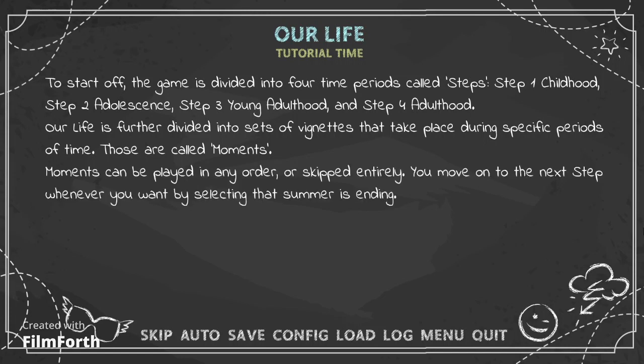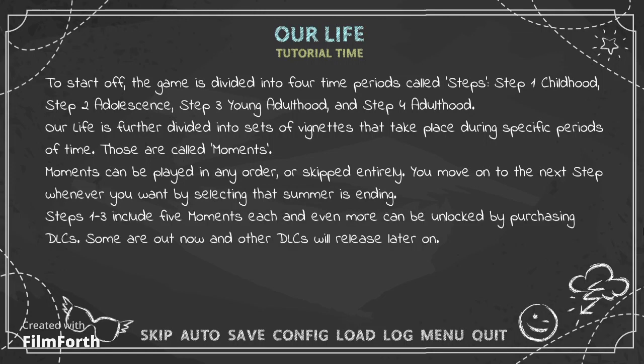Moments can be played in any order or skipped entirely. You move on to the next step whenever you want by selecting the summer is ending. Step 1 to 3 include 5 moments each, and even more can be unlocked by purchasing DLCs, which I do have.